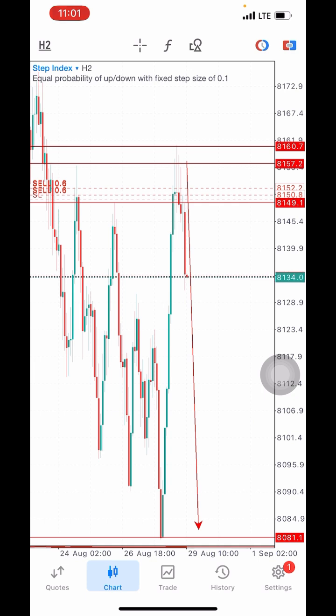Today, I want to show you the difference between a pullback and a retest. Some people mistake a retest for a pullback and a pullback for a retest. I want to explain why they are important and which one you should trade the most. They are all okay. They are good catalysts.